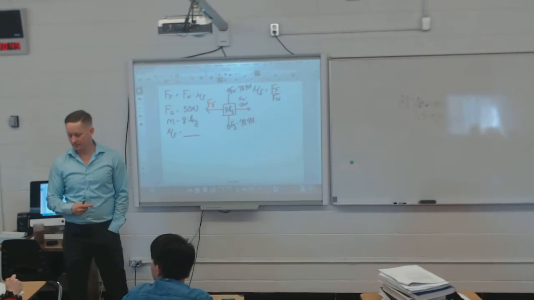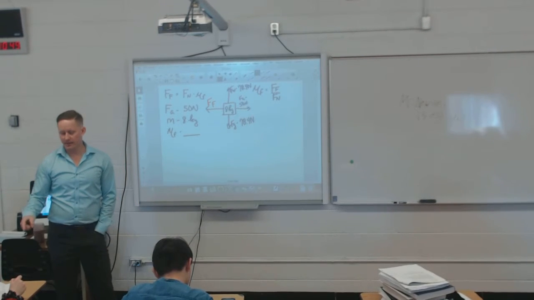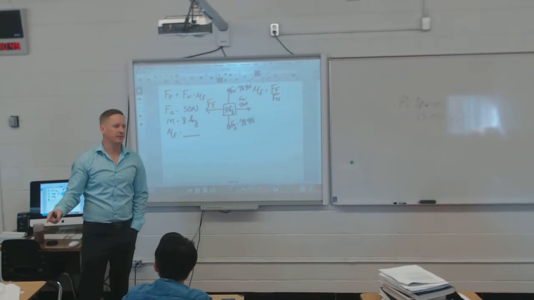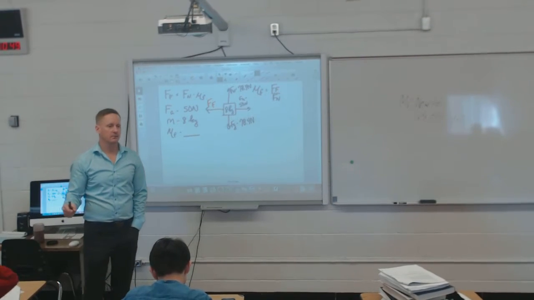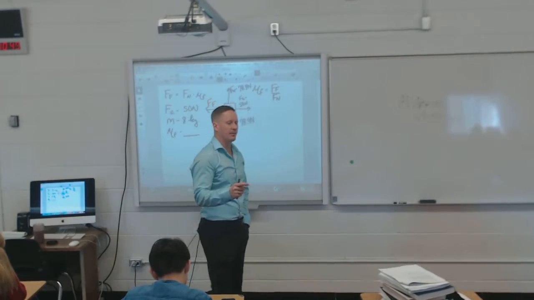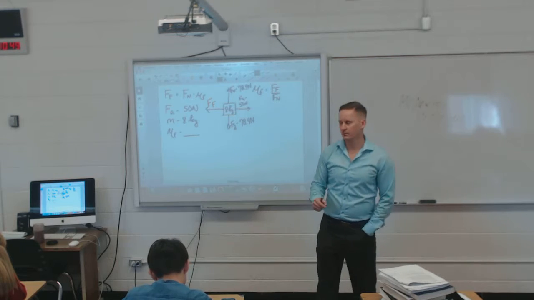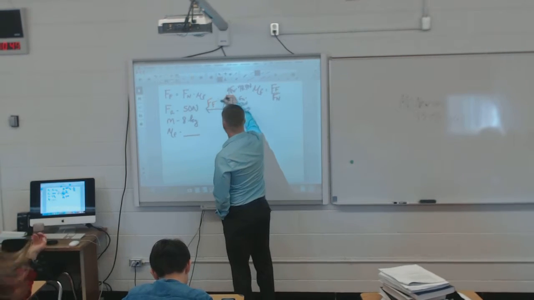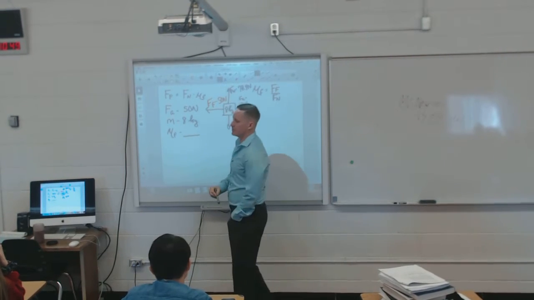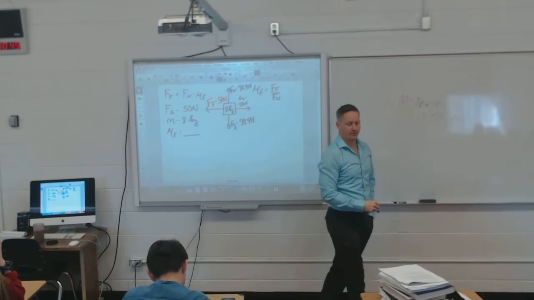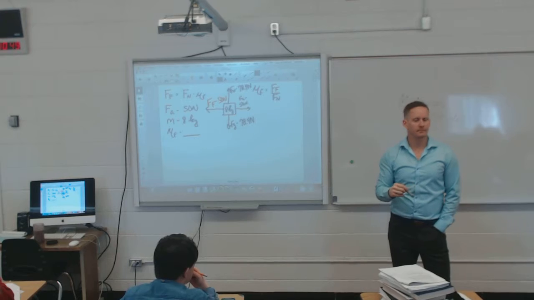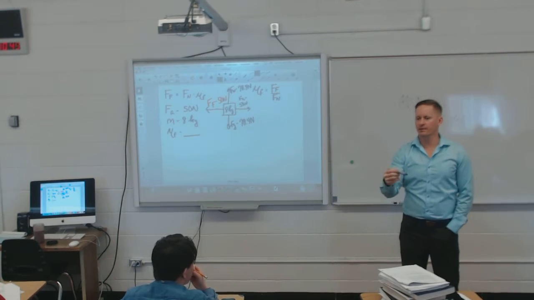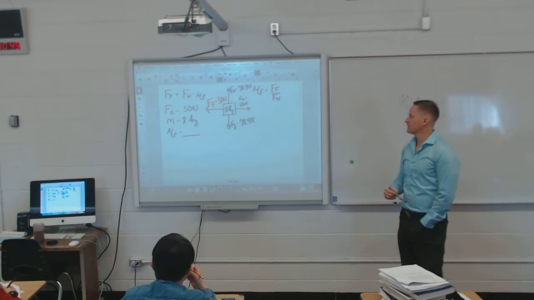They gave us our force. Yeah. No, they didn't give it to us. How come it's 50 newtons? Reread the question and tell me why it's 50 newtons. Say that again, Jake. Uniform velocity. Uniform velocity. Therefore, my net force is what? If I have no acceleration, what is it, Brittany? 0 newtons.